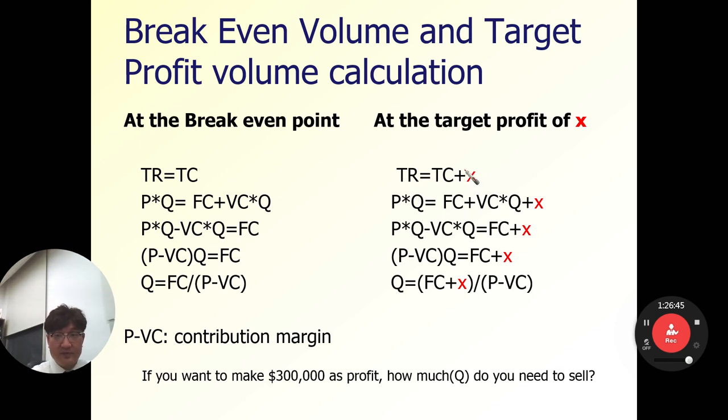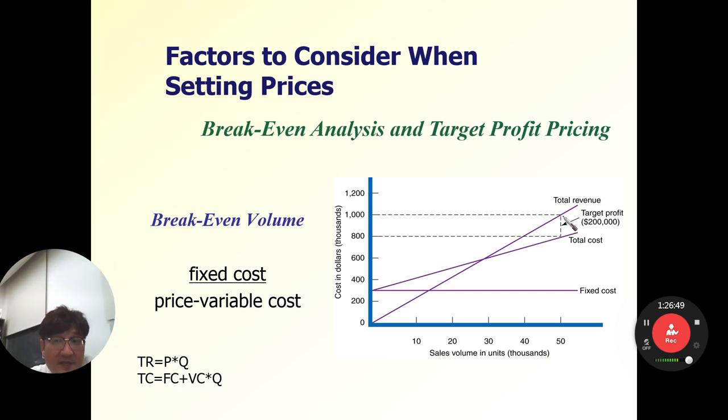Let's do it the same way. Actually, I need to go back again. What is the target profit point over here? The profit is the difference between these two points. So total revenue is $200,000 more than total cost.